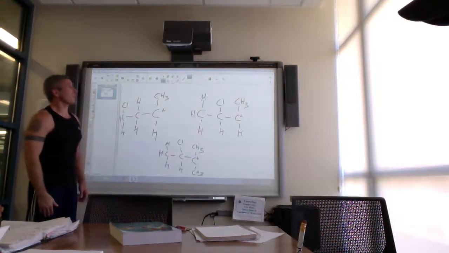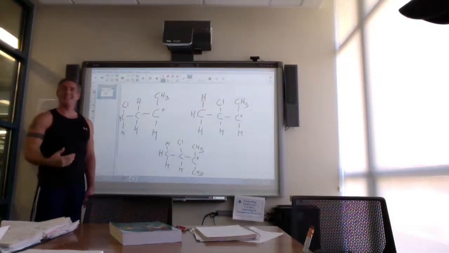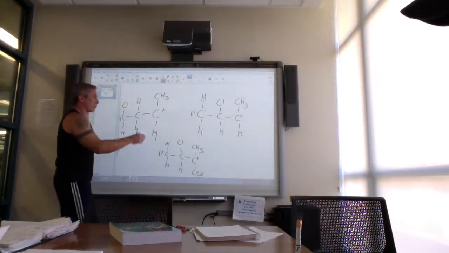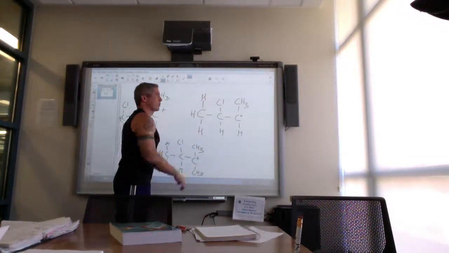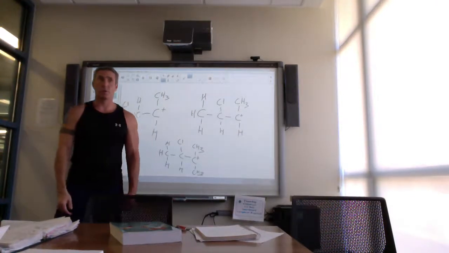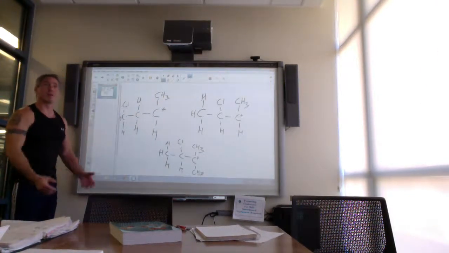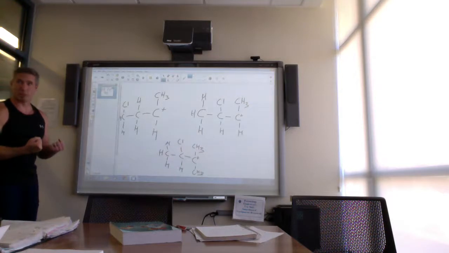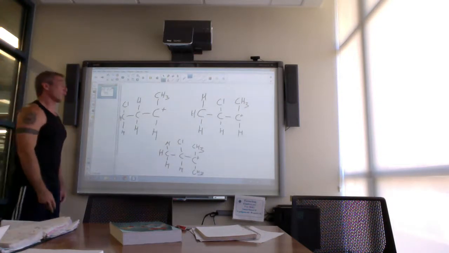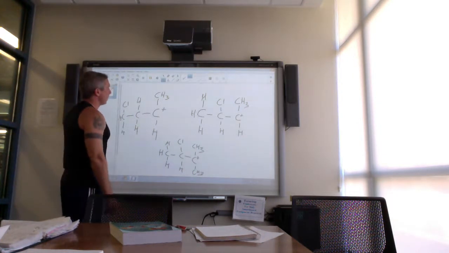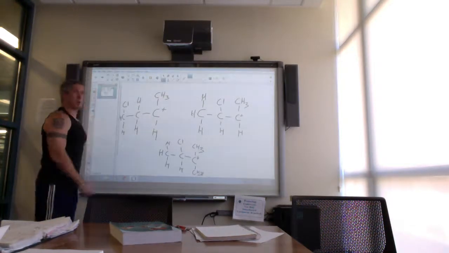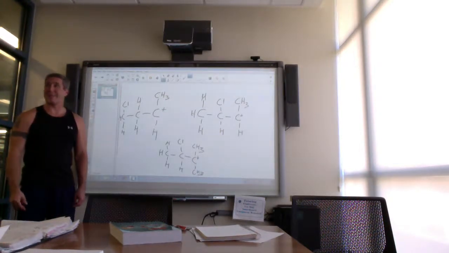But in the negative sense, they've all got this chlorine, which is trying to do the opposite. It's an electron hog, trying to pull electron density towards itself. It doesn't want to share, basically. Now, the closer you get to the carbon in question, the more effect that has.